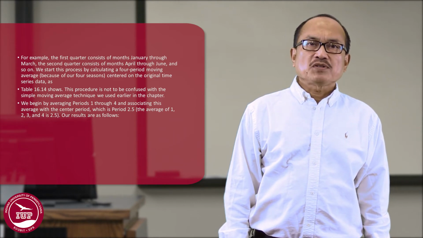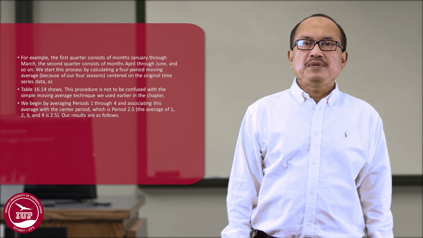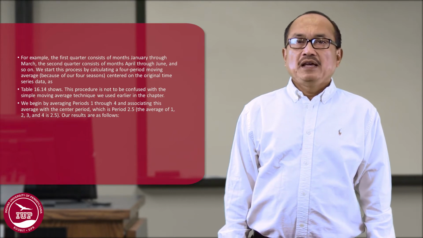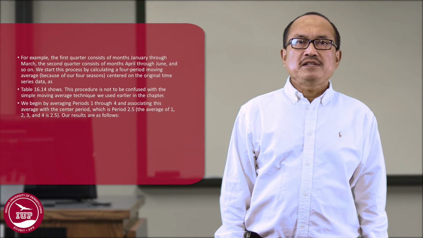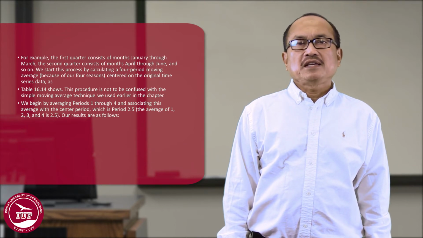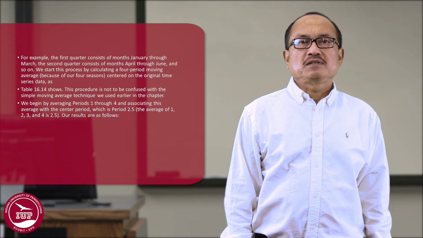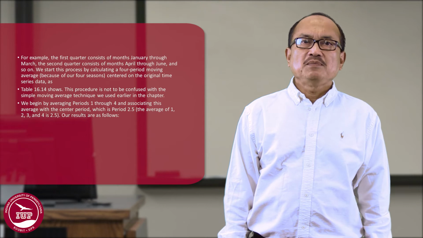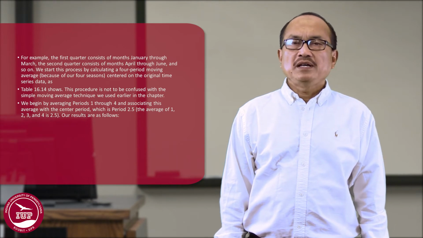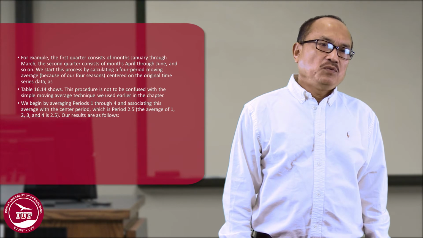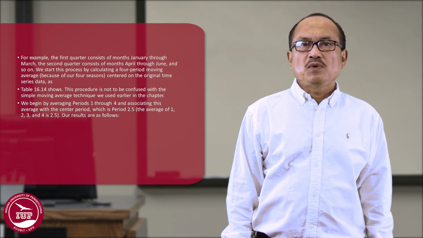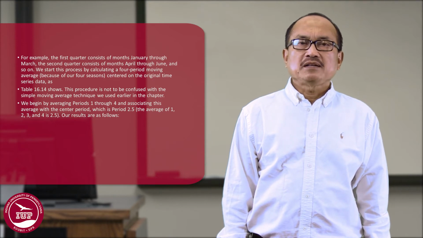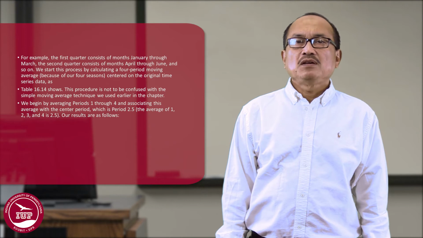We start this process by calculating a 4-period moving average, because of our 4 seasons, centered on the original time series data, as table 16.14 shows. This procedure is not to be confused with the simple moving average technique we used earlier in the chapter. We began by averaging periods 1 to 4 and associating this average with the center period, which is period 2.5.